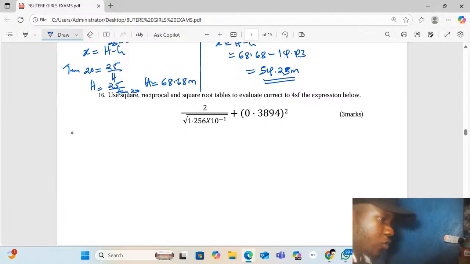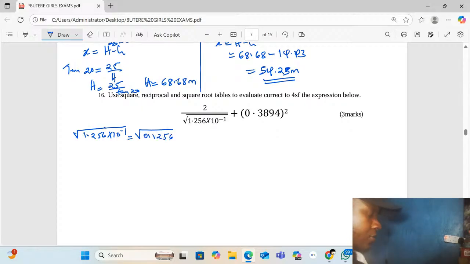First of all, from your tables, you use your square root tables. So you find the square root of 1.256 times 10 power negative 1. That is the same as the square root of 0.1256. From the square root tables, the square root of 0.1256 is 0.354.